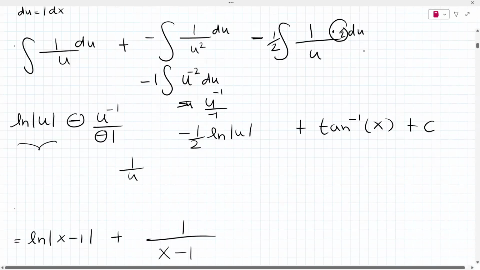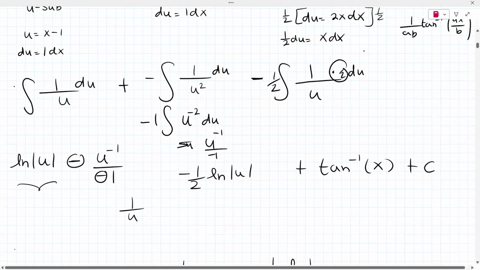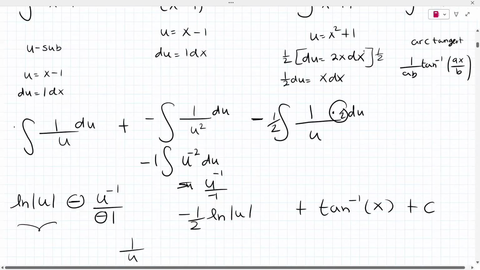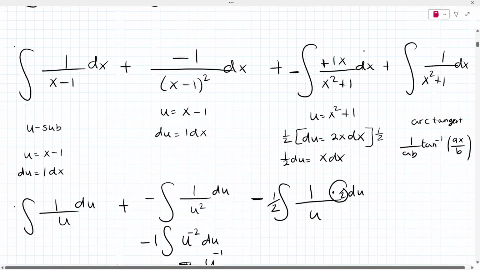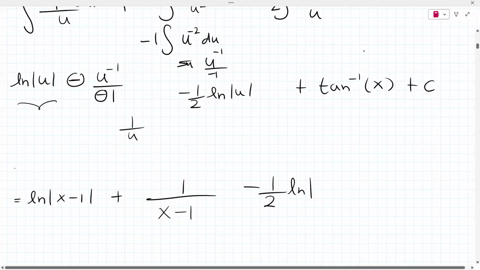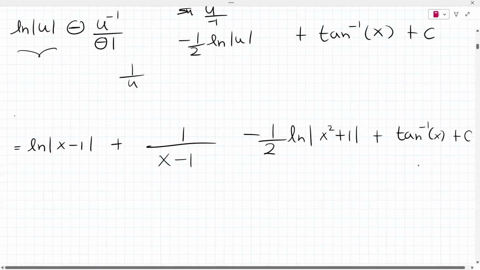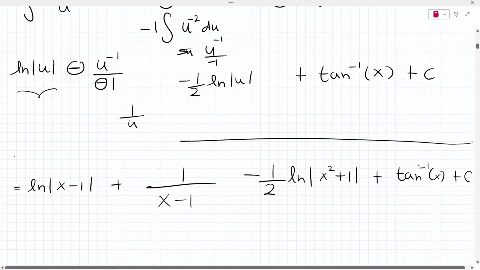And then this is going to be minus 1/2 ln of u, and our u was, what's our u? Not x minus 1, x squared plus 1. Plus tan inverse of x plus d. Because we don't have any boundaries, right? Okay, so that's our final answer.